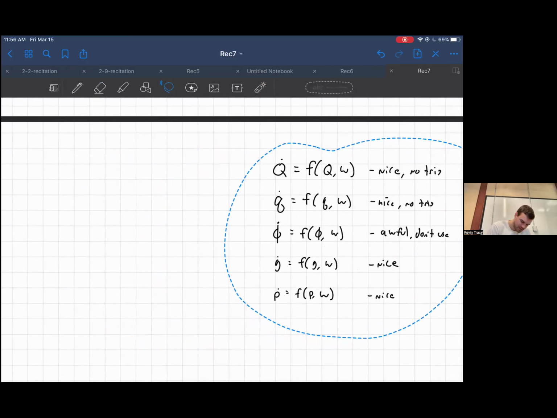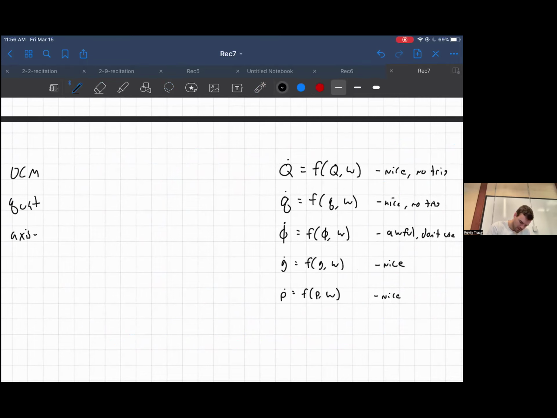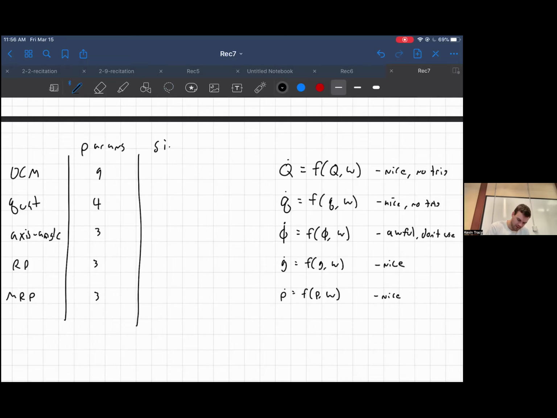So we've got DCM, quat, axis angle, Rodriguez parameter, modified Rodriguez parameter. And then we'll do params: 9 parameters, 4 parameters, 3, 3, 3.